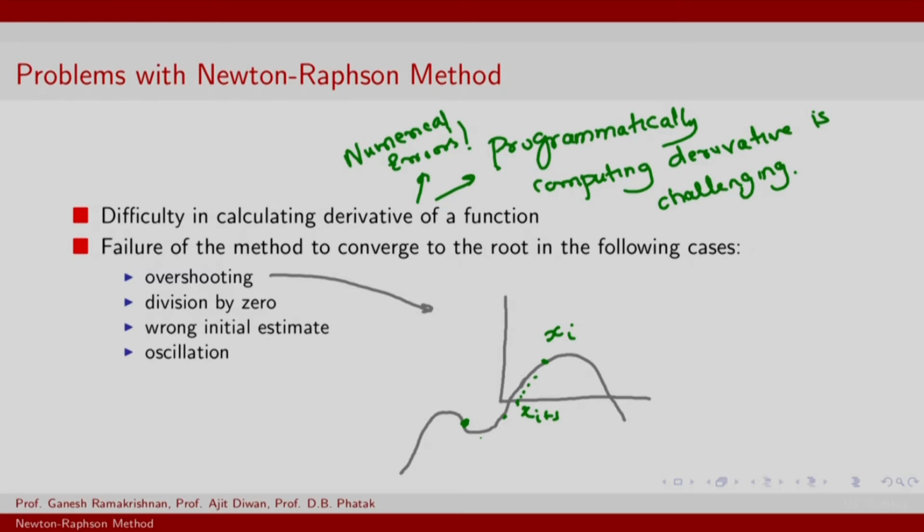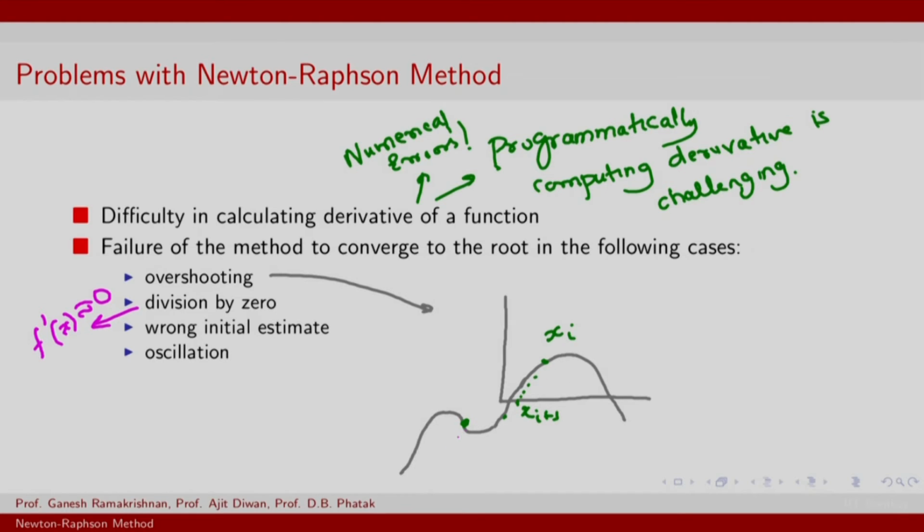There are also other possibilities. Your f prime itself might become very small, in which case you will end up dividing by 0. The division by 0 is when the derivative is close to 0. You can have wrong initial estimate, that is xi which is here.